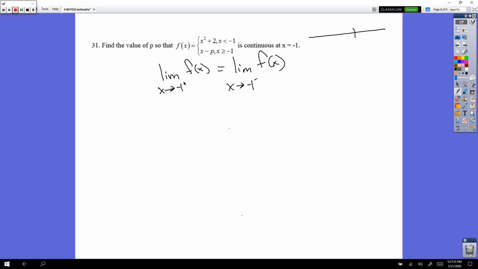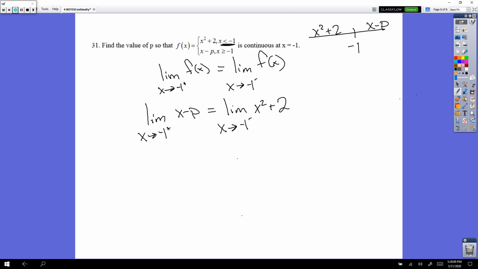Number line. Negative 1. x less than negative 1 is the left side, so x squared plus 2 on the left, x minus p on the right. So the limit as x approaches negative 1 from the right of x minus p has to equal the limit as x approaches negative 1 from the left of x squared plus 2.